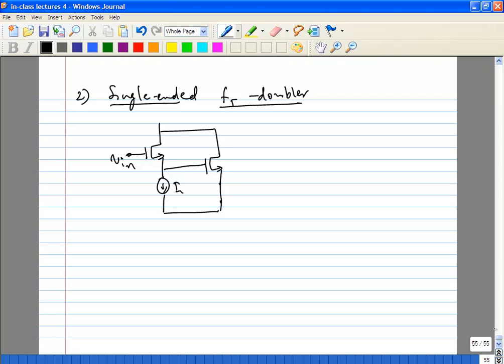Okay. So this is your effective gate, this is your effective drain, this is your effective source. This is actually like a Darlington pair. I don't know if you remember it from your analog circuits course. Except that the difference is, you are going to bias the second transistor at the same bias current as the first one.